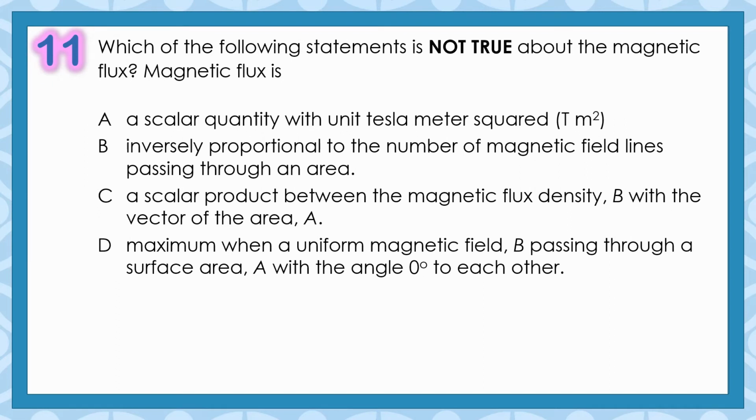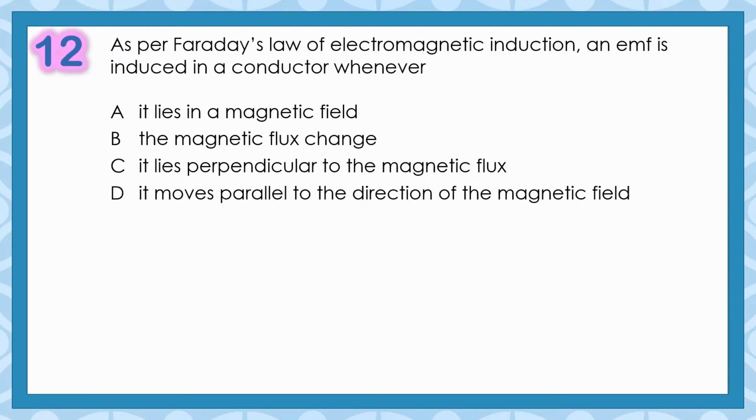Question number 11. Which of the following statements is not true about the magnetic flux? Magnetic flux is? Question number 12. As per Faraday's law of electromagnetic induction, an EMF is induced in a conductor whenever?